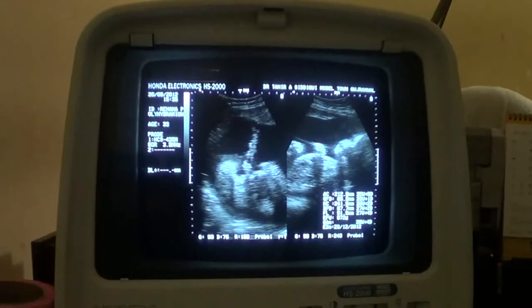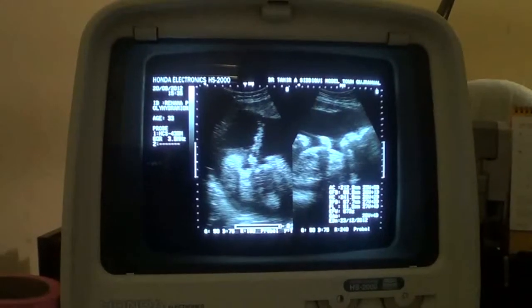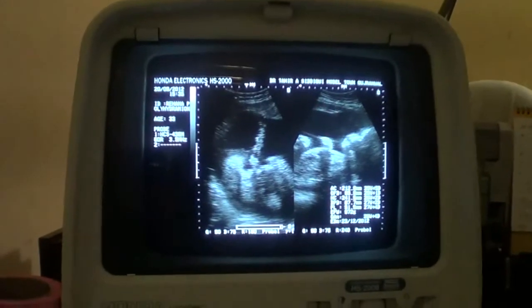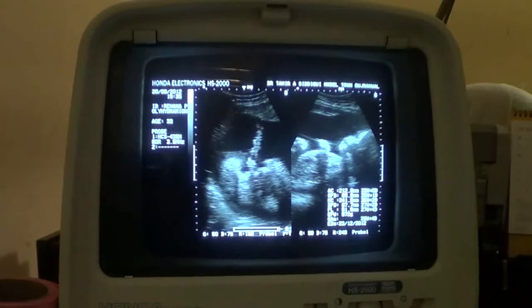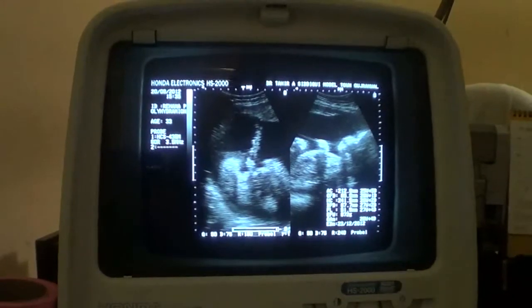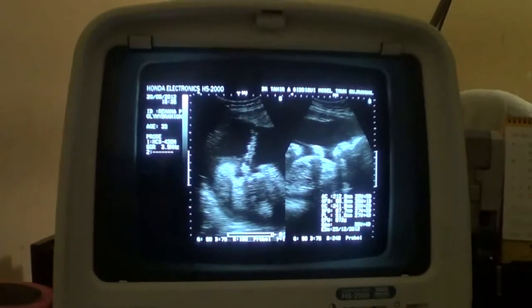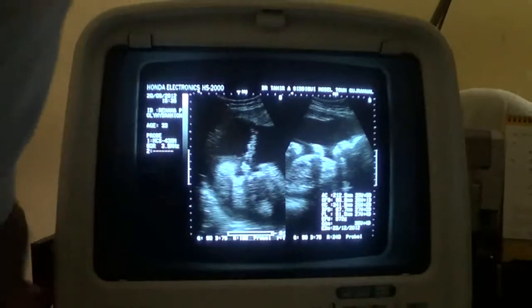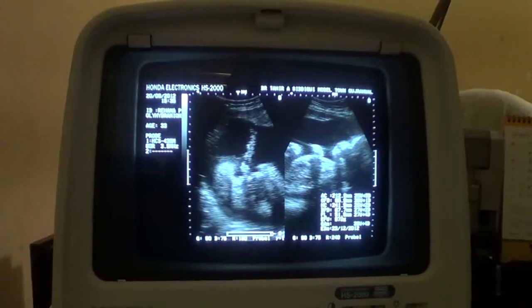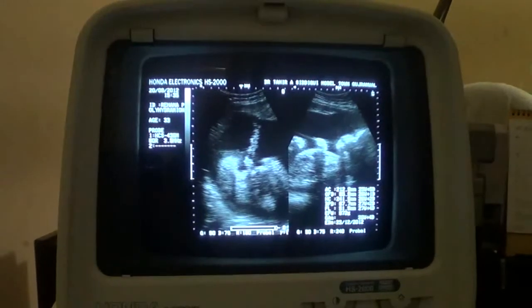And this gives us the total story of this case with polyhydramnios, where the umbilical cord is the cause for the development of all the findings that we did see.